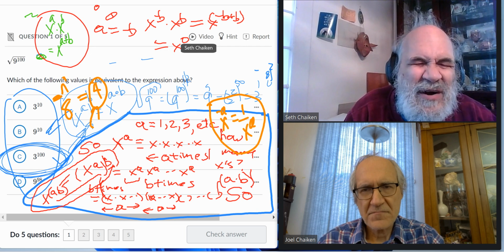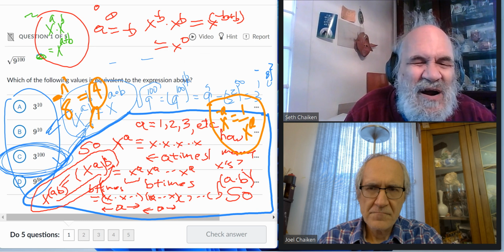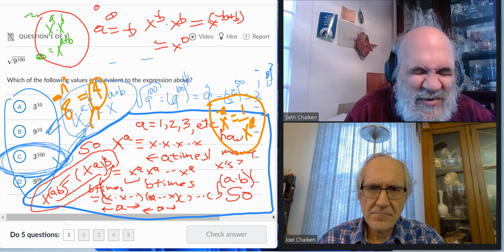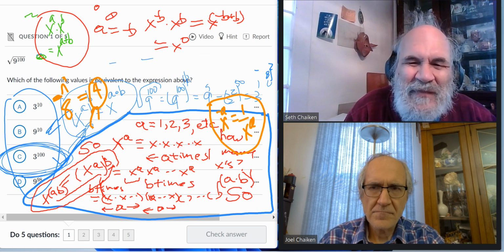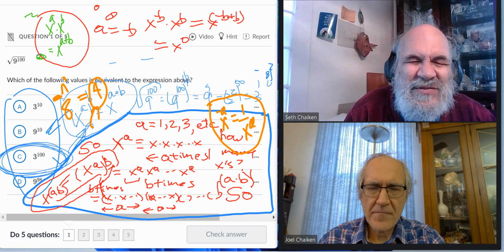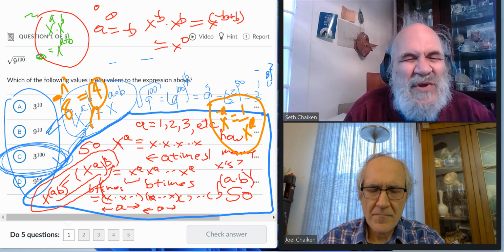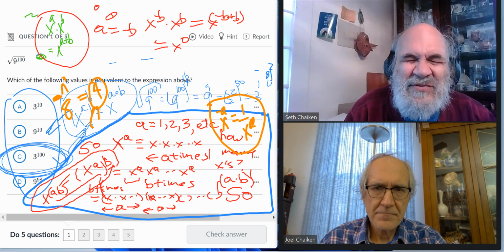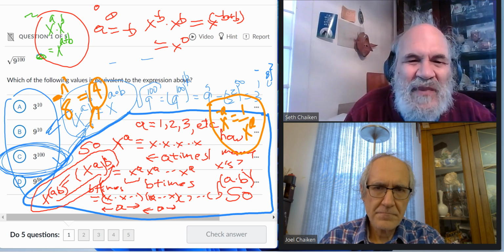And x to the 0th, from this definition of x to the a, where a is a counting number, 0 is a counting number. So you multiply with no x's, right? Now, for this to make sense, what must x to the 0th be?